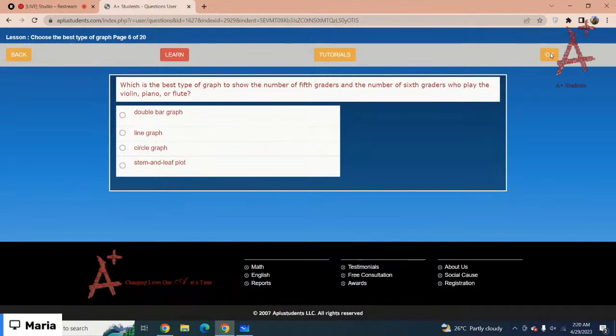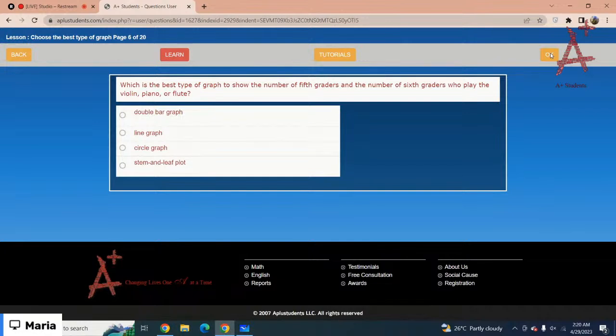Okay, which is the best type of graph to show the number of fifth graders and the number of sixth graders who play the violin, piano, flute? So which is the correct option? Double bar graph, line graph, circle graph, stem and leaf plot. Which is the correct option? Yes, in this case, you're going to use the double bar graph, got it?